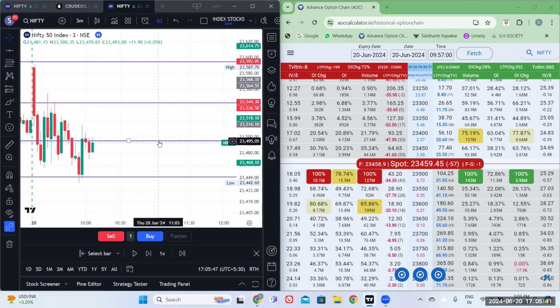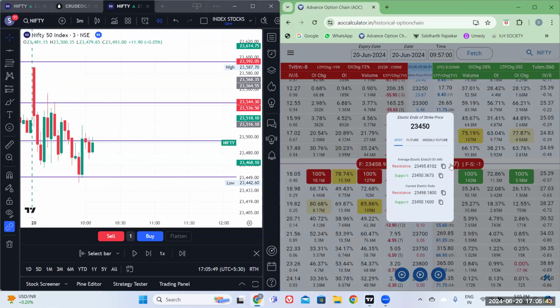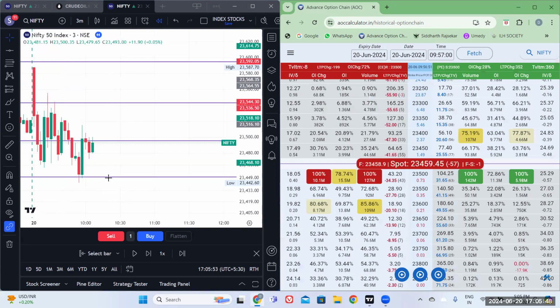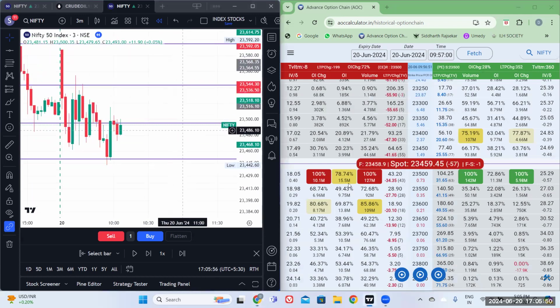So 450 is the resistance, at 95. Okay, and support is here. So with this logic of Victor's, like bottom happening, this range is possible for us to trade.